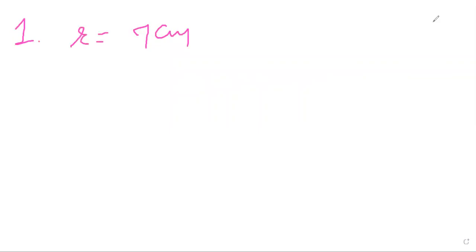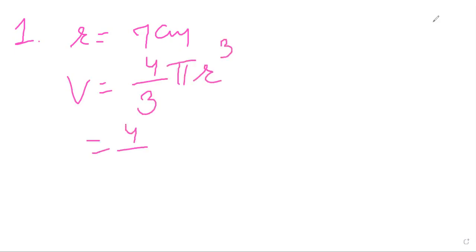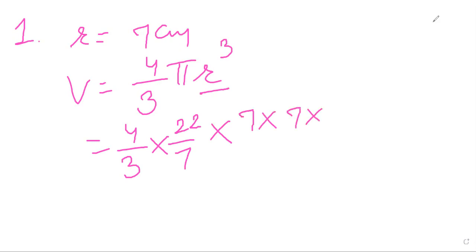Just using the formula 4 upon 3 pi r cube, we can find the volume. 4 upon 3 into 22 upon 7 into r cube, so it will be 7 into 7 into 7. By solving it, we can get the volume of the sphere. Same for the next part also.